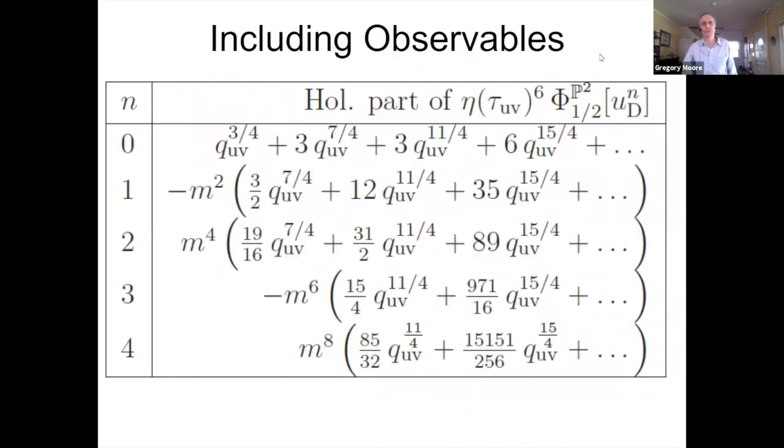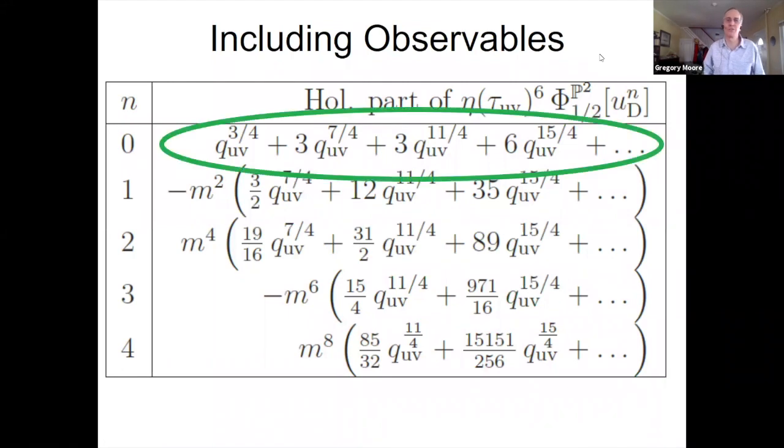And we can also introduce operators. So for CP2, here's the result where I've introduced various powers labeled by n of the point operator. If I don't introduce any powers of the point operator, I just have the partition function itself. That's the first line, and that indeed is the Vafa-Witten answer.